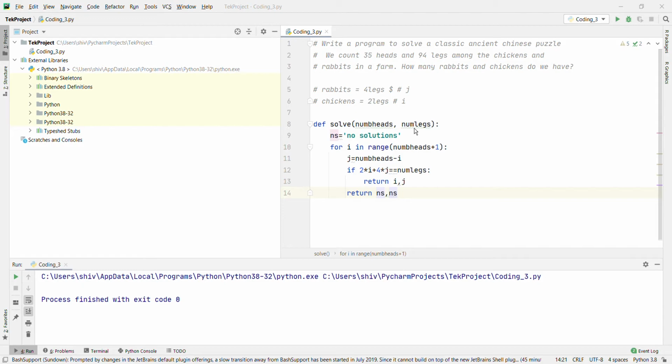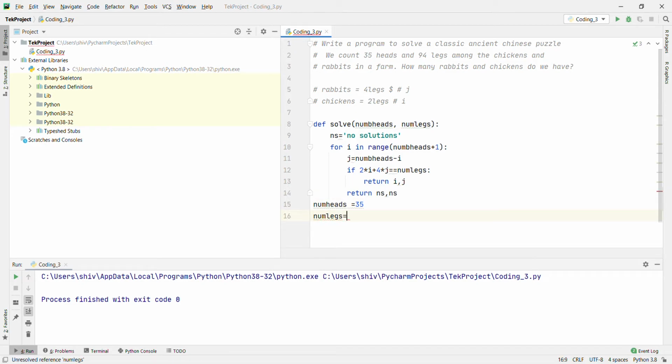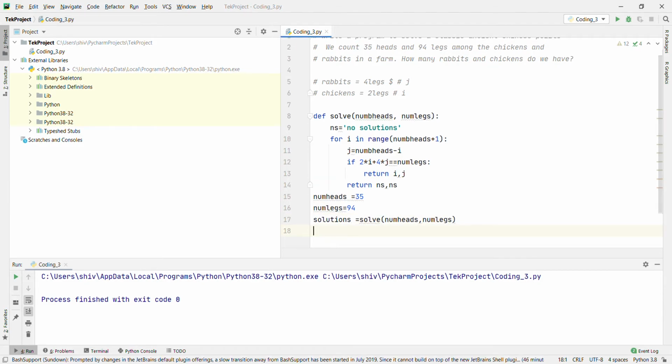Now we pass number of heads equal to 35 and number of legs equal to 94, then solutions equal to solve with number of heads and number of legs, and we print the solution.